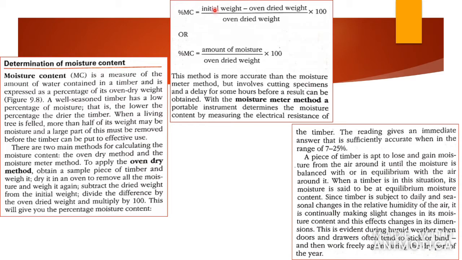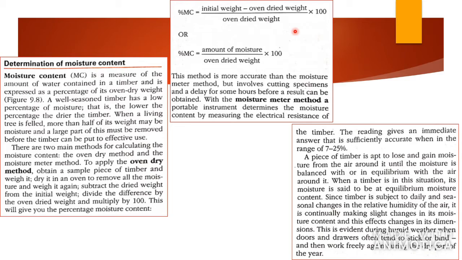You have the initial weight, which is the weight when the tree is cut down, and you subtract the oven dried weight from it. Then you divide by the oven dried weight and multiply by 100, and that gives you the percentage of the moisture content.